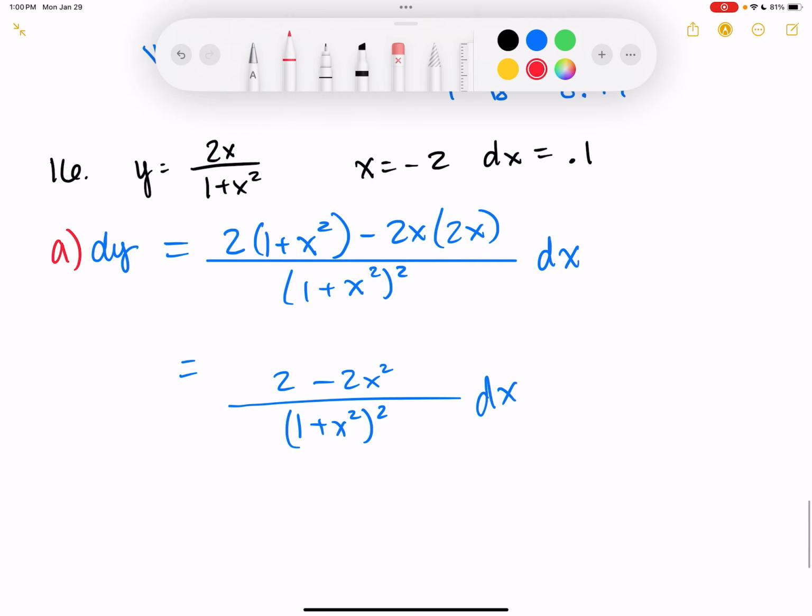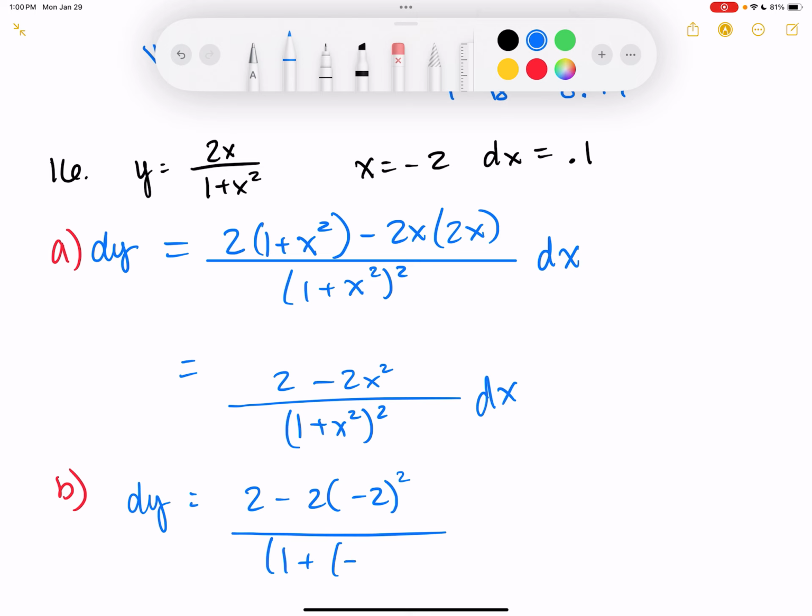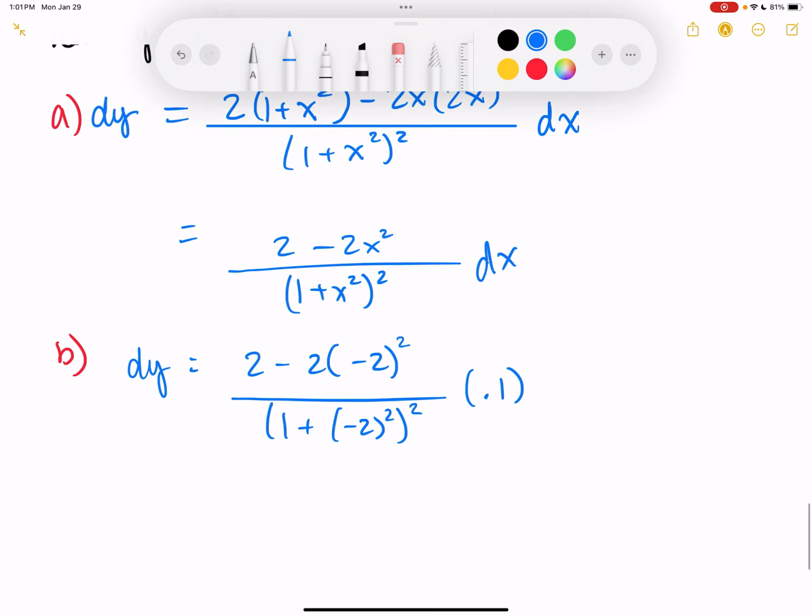So now part B, we plug in x and dx to solve for dy. So 2 minus 2 times negative 2 squared over 1 plus negative 2 squared, squared, times 0.1. Make sure we pay attention to signs.